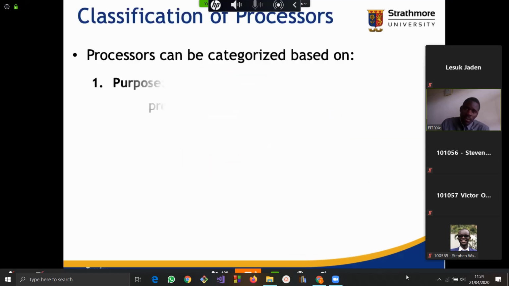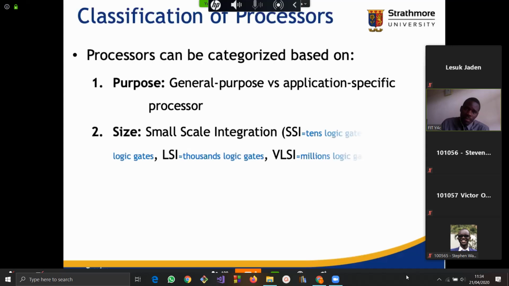Then we can classify processors into two main groups, by purpose. Last week we talked of different types of systems: the general computing system and the embedded computing system.